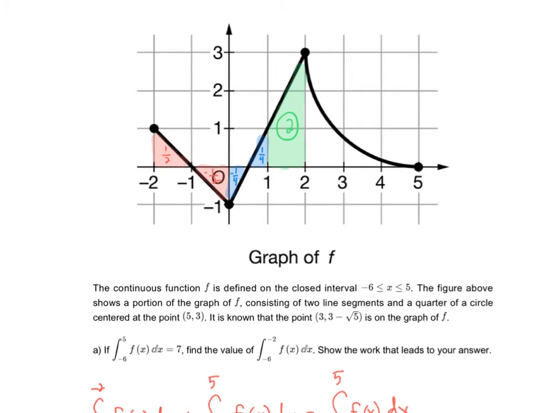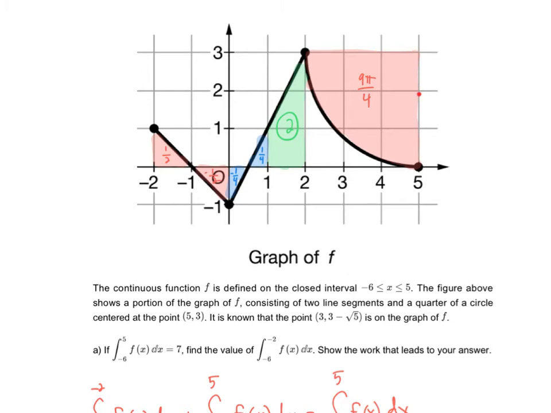Okay, and then the area of this part, this is a quarter circle with radius 3. So if it was a full circle, the area would be 9 pi, but since it's a quarter circle, it's 9 pi over 4.